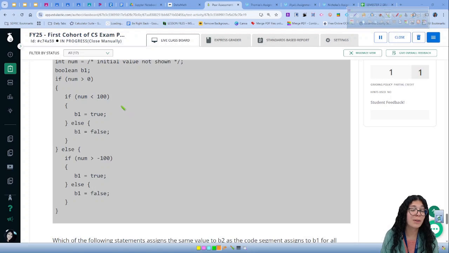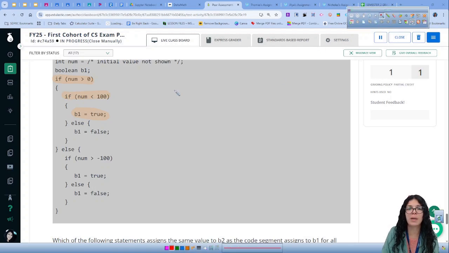So this is actually a very tricky question, but it's not as difficult with some practice as it may seem, but it is probably one of the most difficult ones on here. So notice that the condition that will set B1 to true here is that it's both bigger than 0 and also that this if is also true, right?